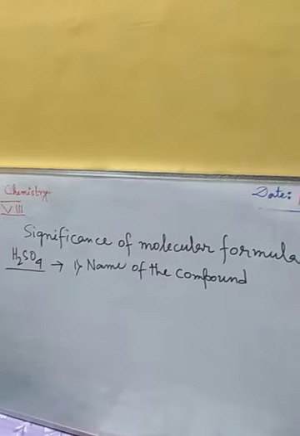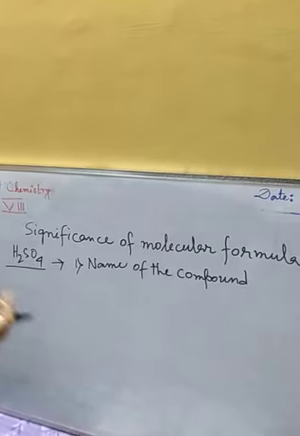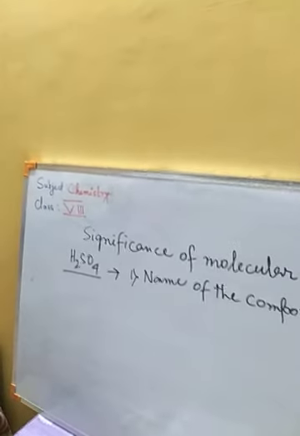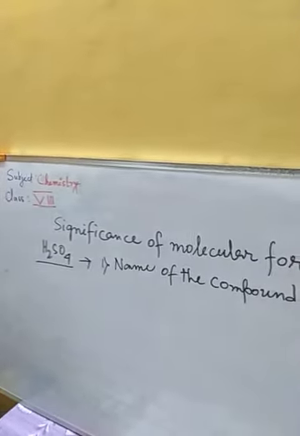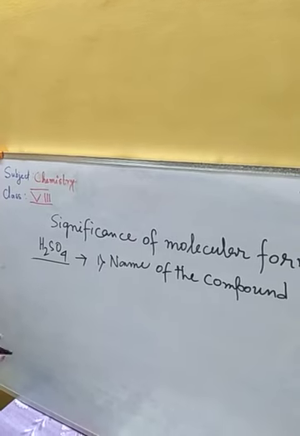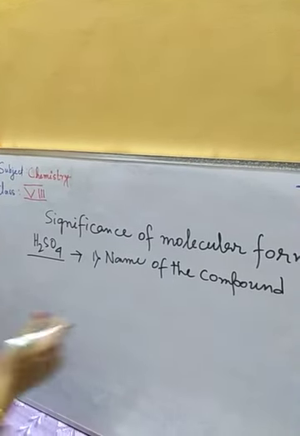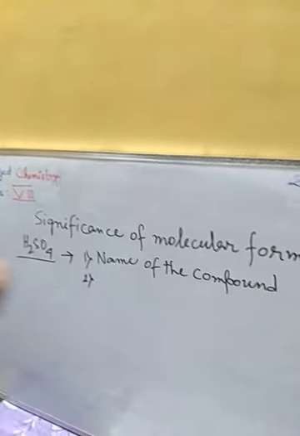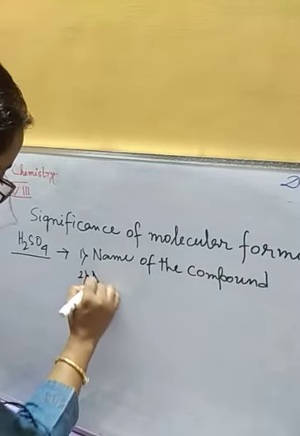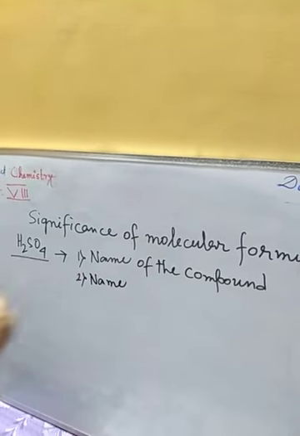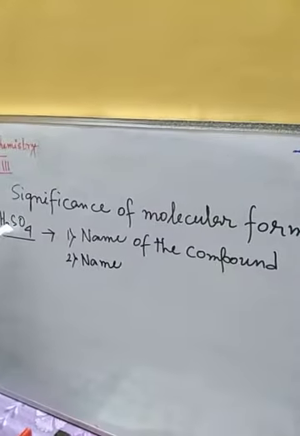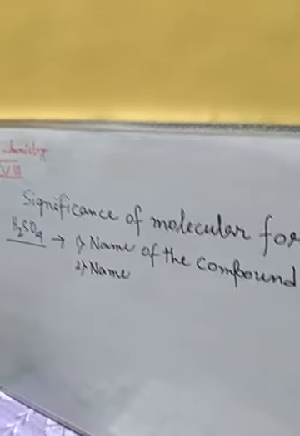We can understand which compound has been given to us. From the formula we can get the name of the compound. So this is the first one. Next, name of the elements. From the formula we can understand which elements are present in the compound.